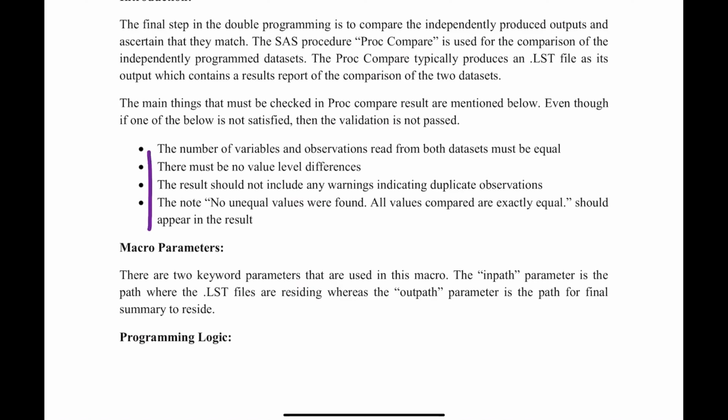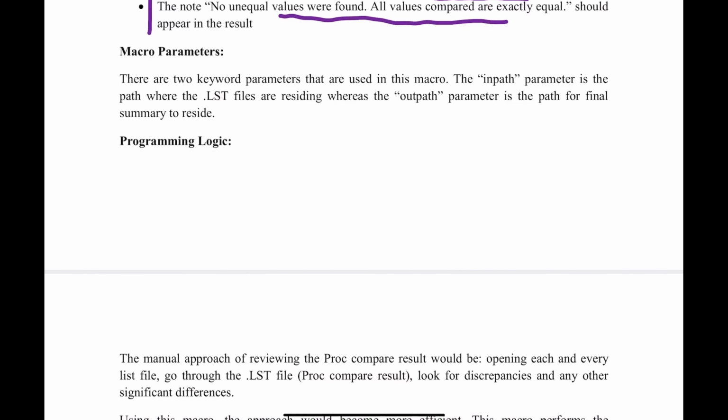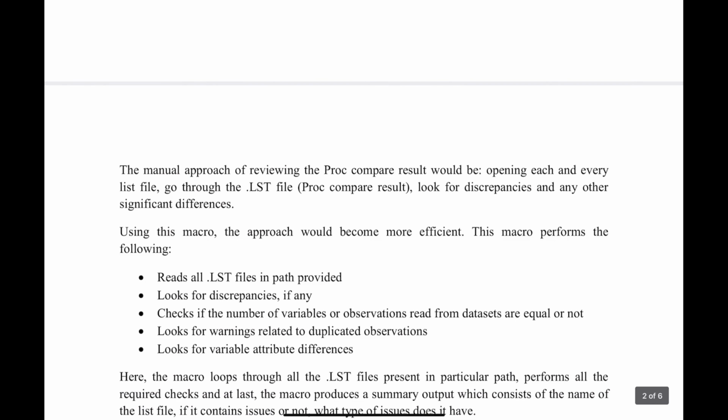It will make sure the number of variables and observations should be the same for your production and QC, there should be no value level difference, and there should be no duplicate observations, and this message should be in the LST files.